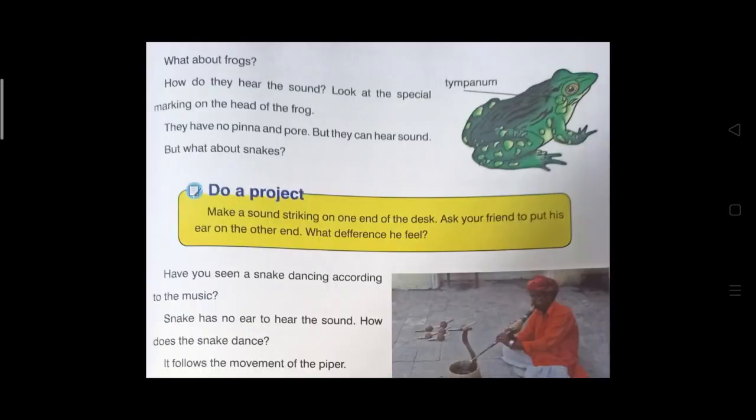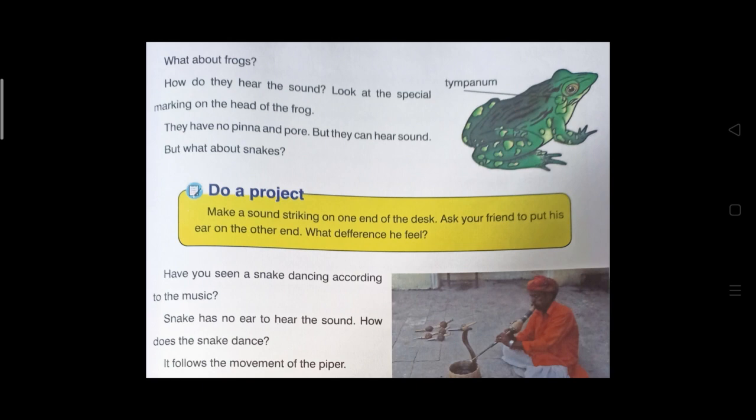What about frogs? How do they hear the sound? Look at the special marking on the head of the frog. It is called the tympanum. The tympanum is used by frogs to hear the sound. The tympanum is a thin piece of skin, below the eye, inside the ear.